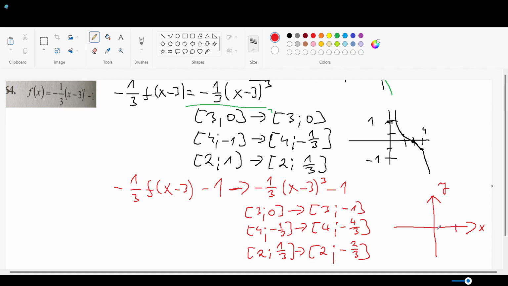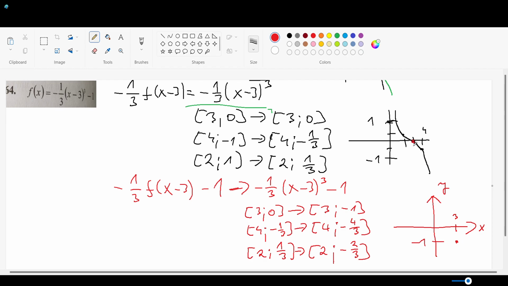The only thing that changes, because we have the transformation 1 unit down, is that we move the function 1 unit down.